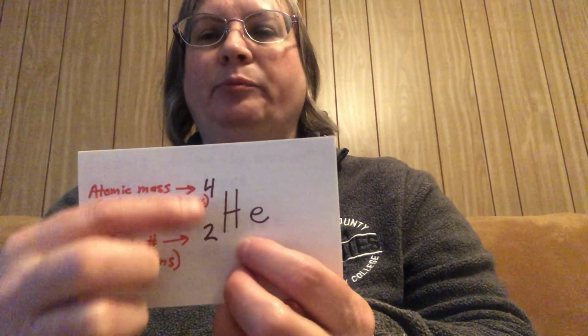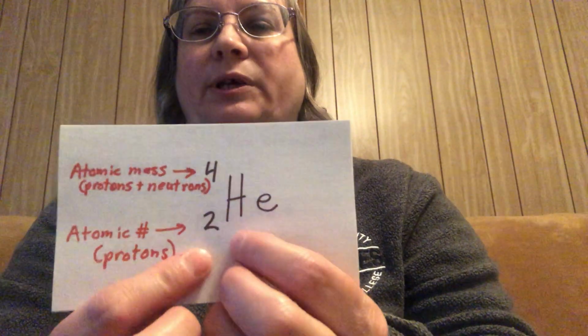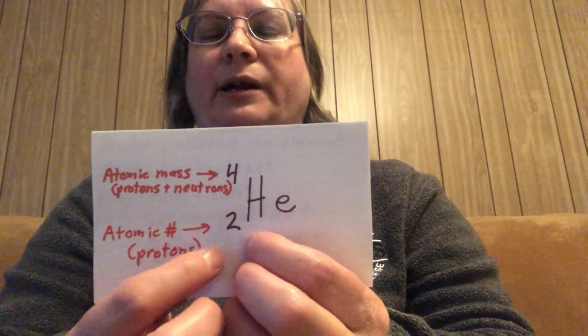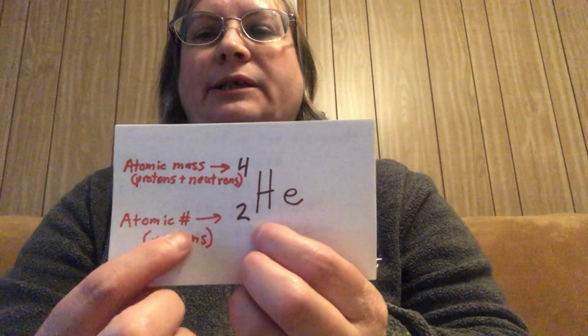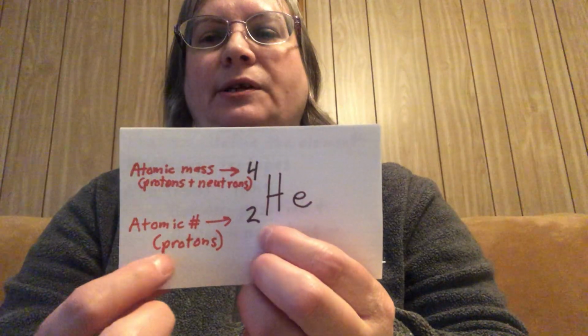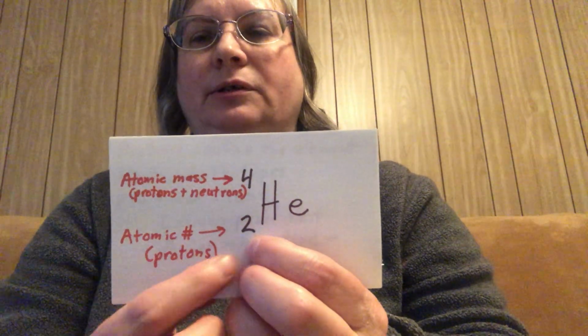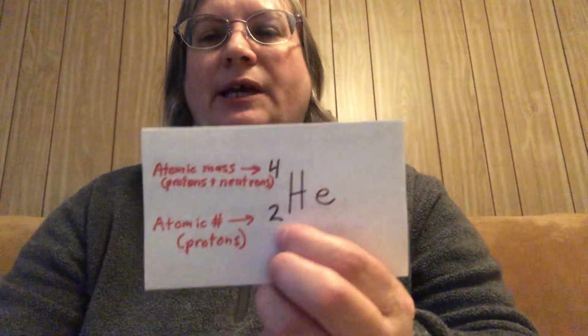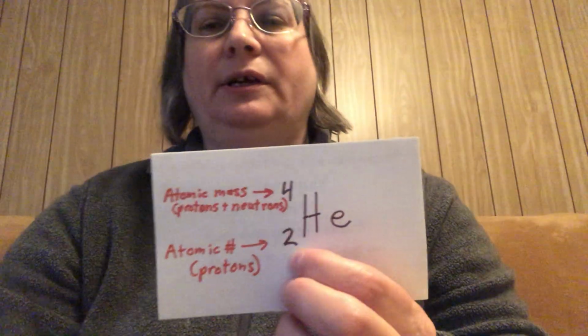And when we're writing important numbers down, we use a subscript and superscript with it. There's another way to write it. I'll show you in a minute. So this subscript is called the atomic number. This is the number of protons in that particular element. All right? So in this case, helium has 2 protons, as we saw in here.